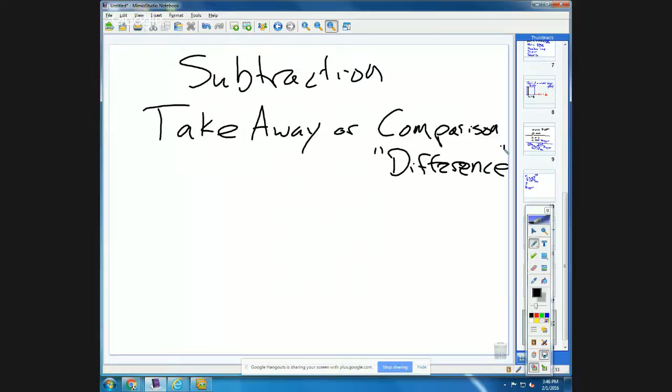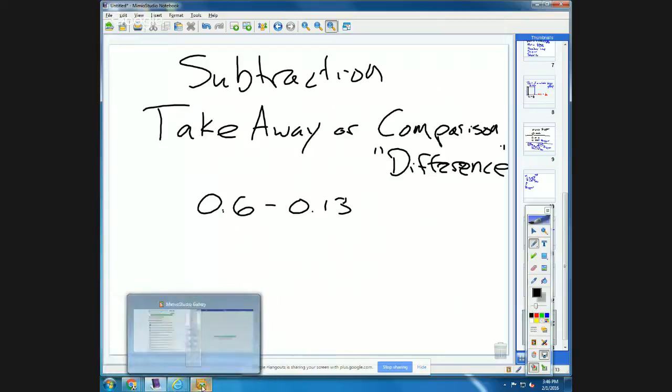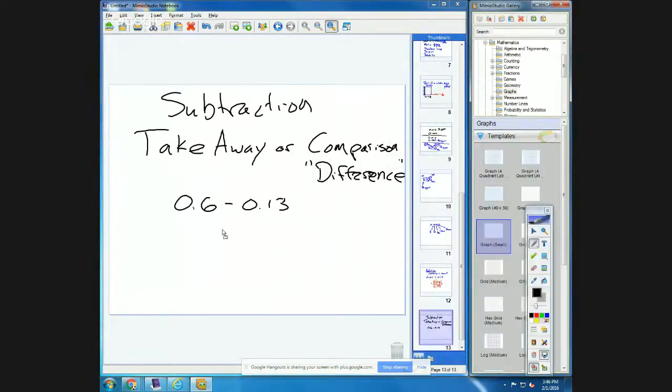So if I wanted to do, for example, 0.6 minus 0.13, I can grab my graph paper again, and I can draw a picture of that.